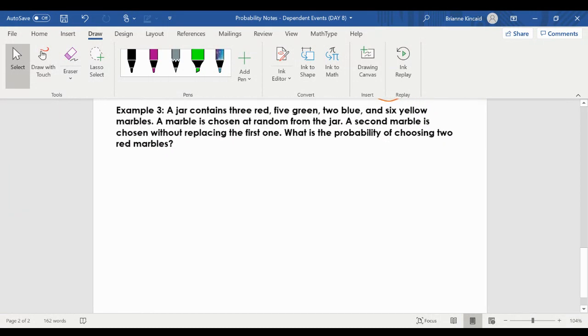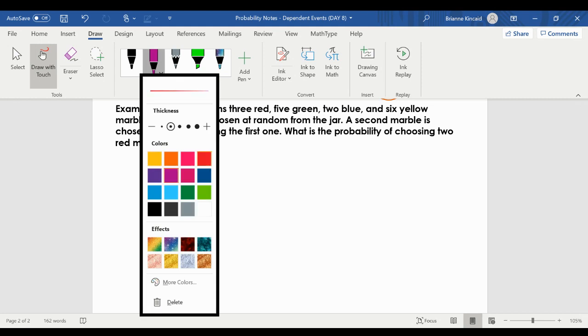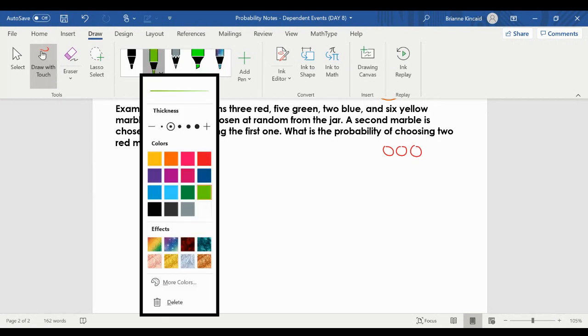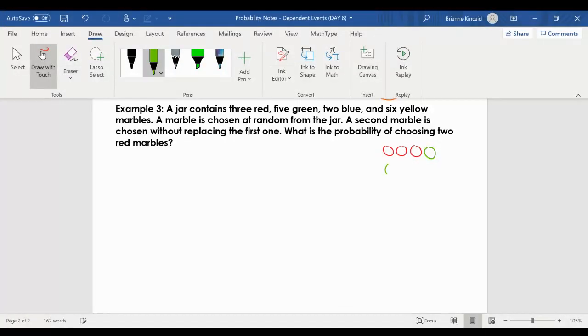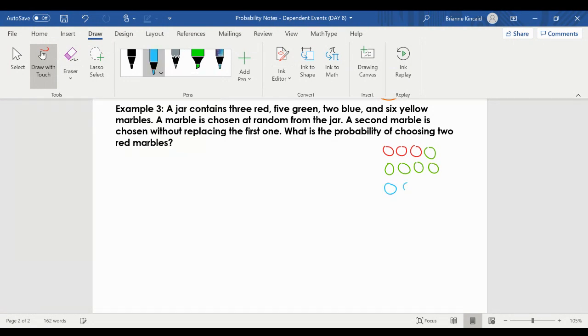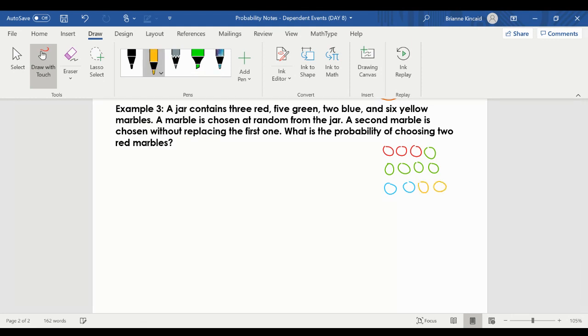All right, for our last example, we're going to go back to the jar example. So a jar contains 3 red, 5 green, 2 blue, and 6 yellow marbles.